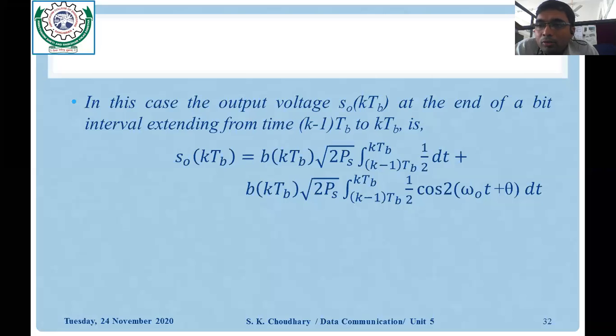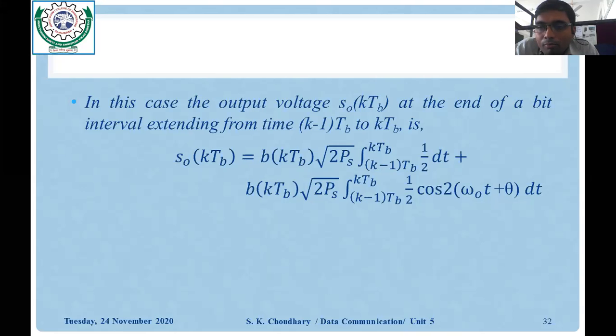We are talking about only the bit duration Tb that is passing through the integrator: square root of 2 Ps, with integration limit (k minus 1)Tb to kTb, 1 upon 2 dt.